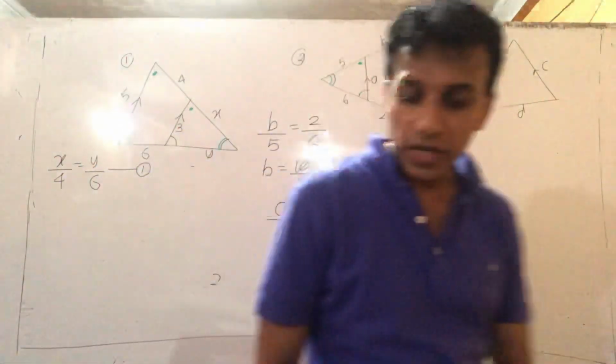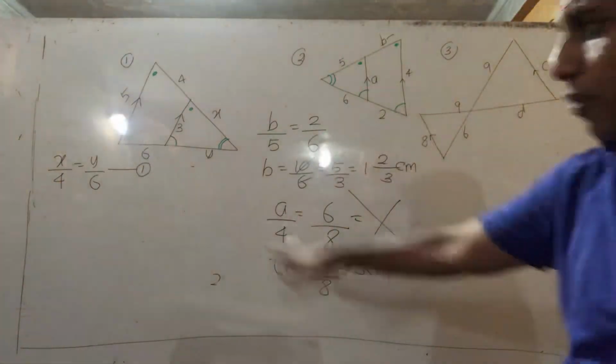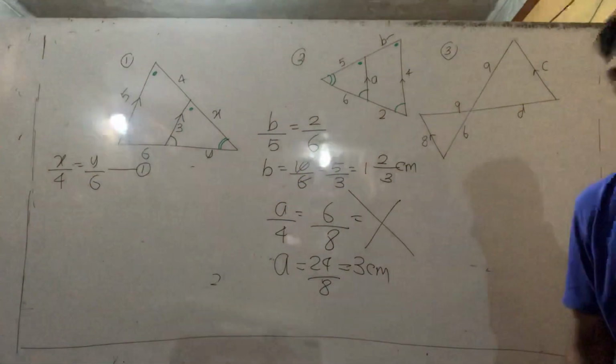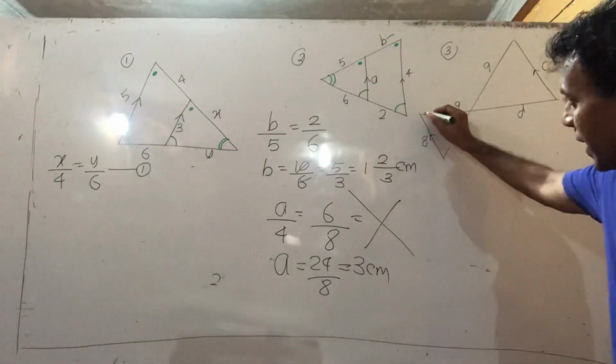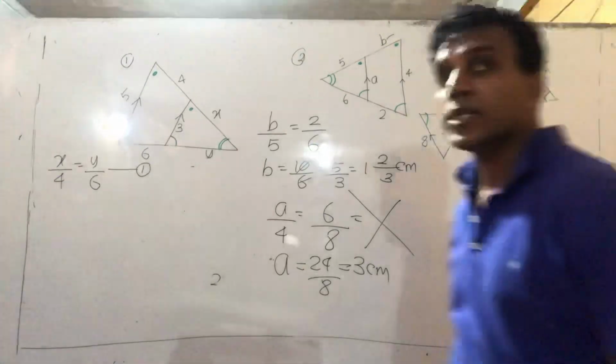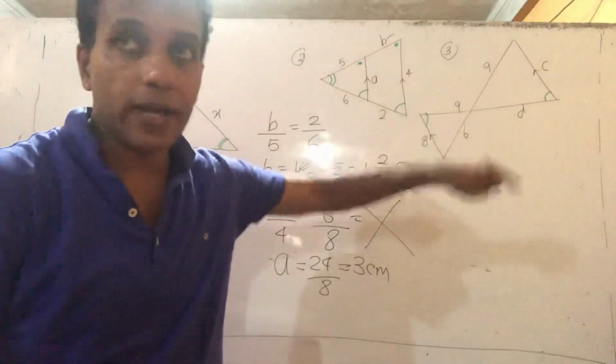Here, two triangles are available, so there's no straightforward ratio theorem. We avoid that theorem. Use any other. See here, this angle equals this, alternate angle, because the lines are parallel. Again, this angle equals this, alternate angle.